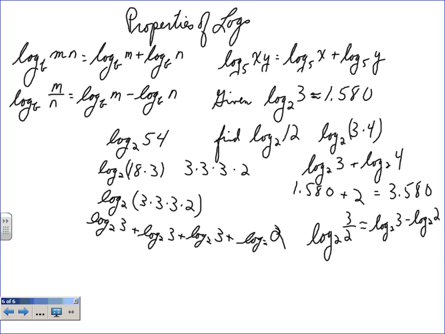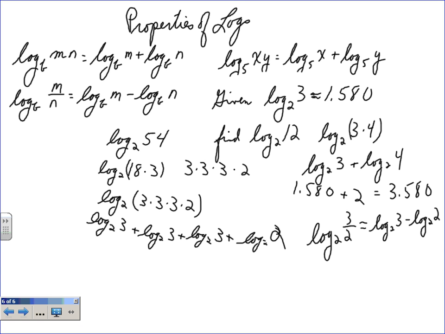And you're going to use that information to come up with these numbers. For instance, log base 4 of 15. Well, you can use log base 4 of 5 and log base 4 of 3. 5 times 3 is 15. And that's using these first two properties.